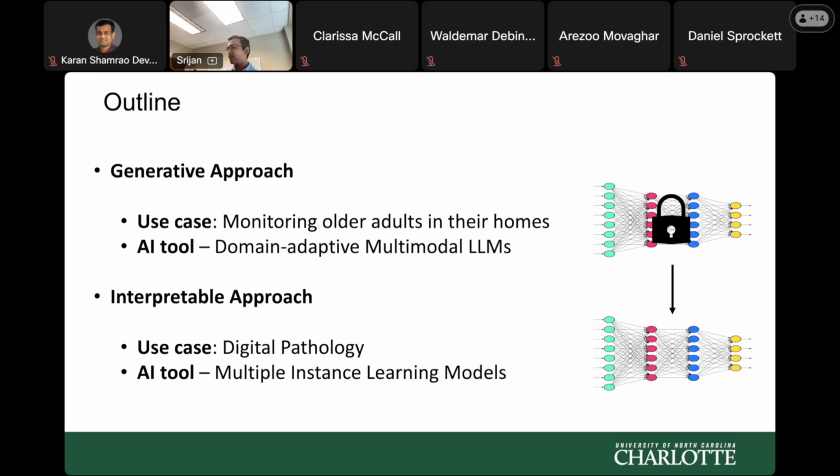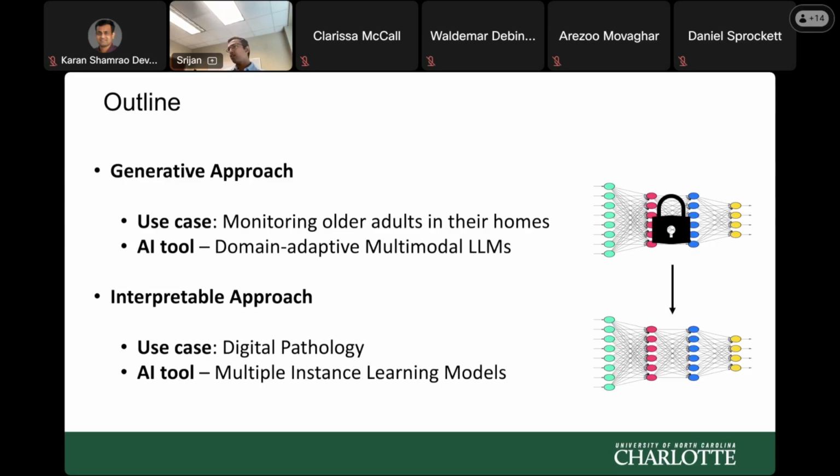But today I will be talking about how we can design interpretable models to interpret whole slide images, which are more interpretable and user-friendly, especially to pathologists.